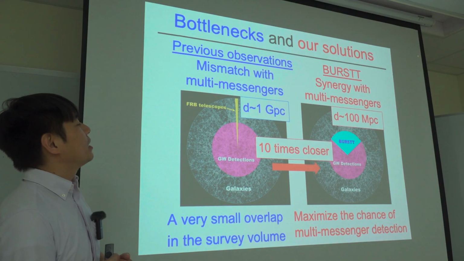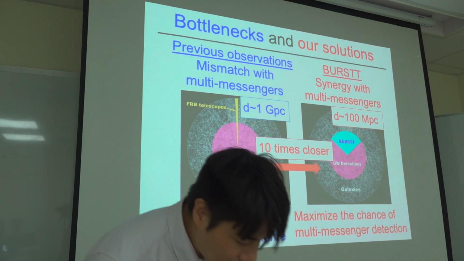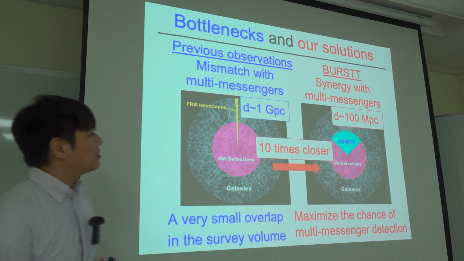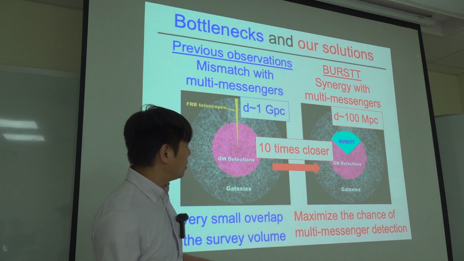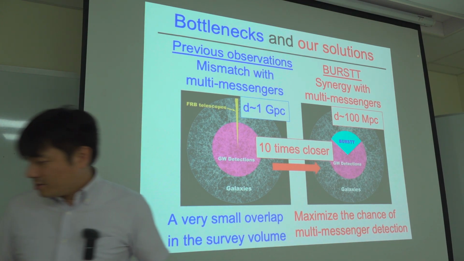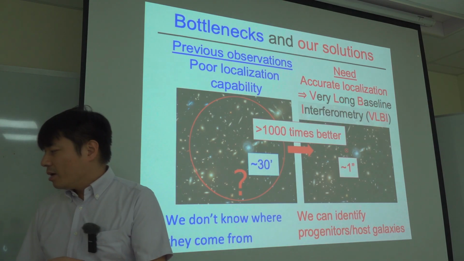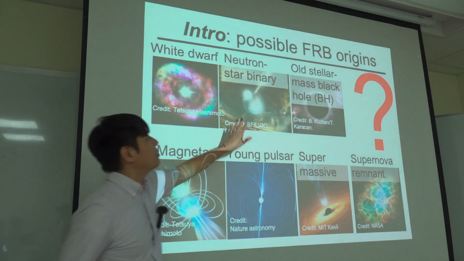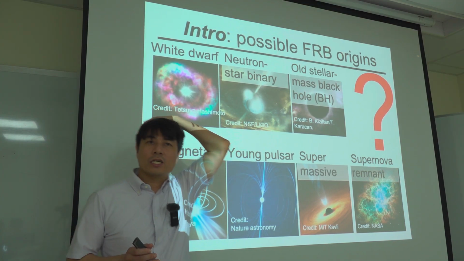Another point is the survey volume or survey area. So now I have to remind you guys of one of the possible scenarios of FRB. This is a neutron star merger.